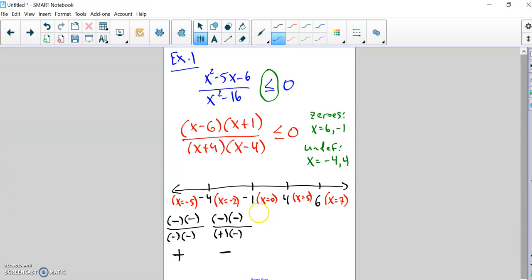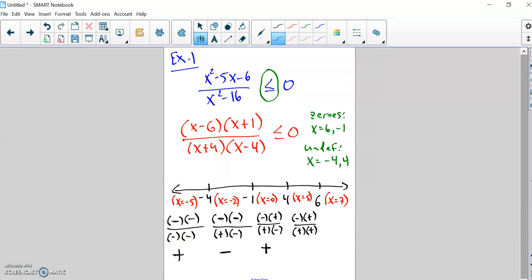When we divide them, we're going to get a negative. Okay, when we try 0, negative, positive, positive, negative, which is going to result in a negative divided by a negative, which gives us a positive. Okay, try 5, we get negative, positive, positive, positive.